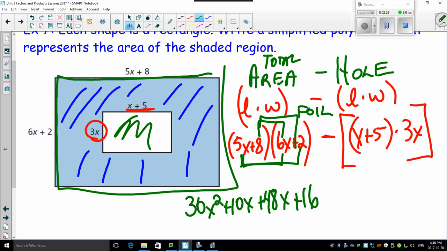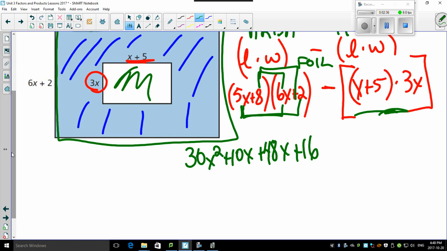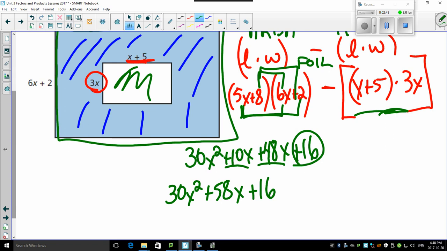Let's combine all of that together. I got 30x squared, 10 plus 48 is 58x, plus 16. Okay, beautiful. There's the entire thing. That's the entire donut if it didn't have a hole.